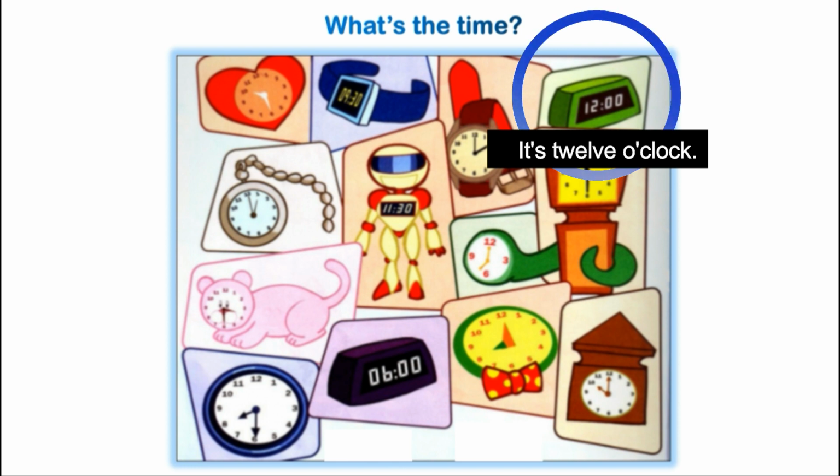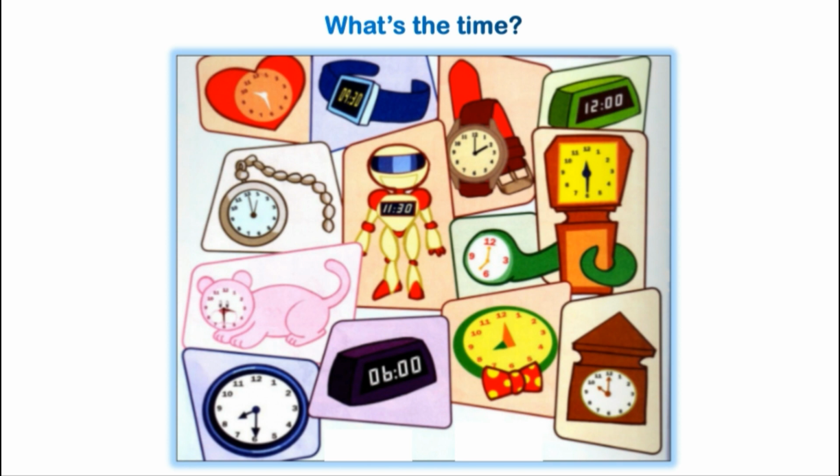Let's move on to the blue round clock. The short hand that represents hours shows at 8. And the long hand that represents the minute shows the number 6.